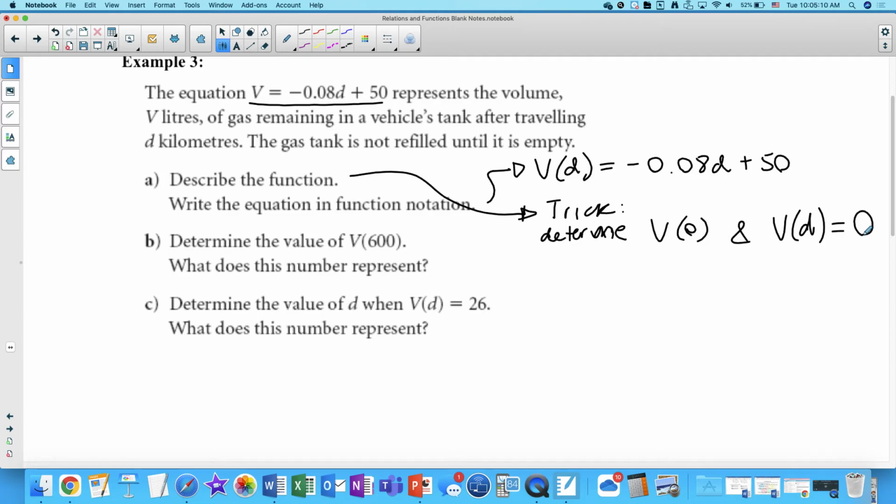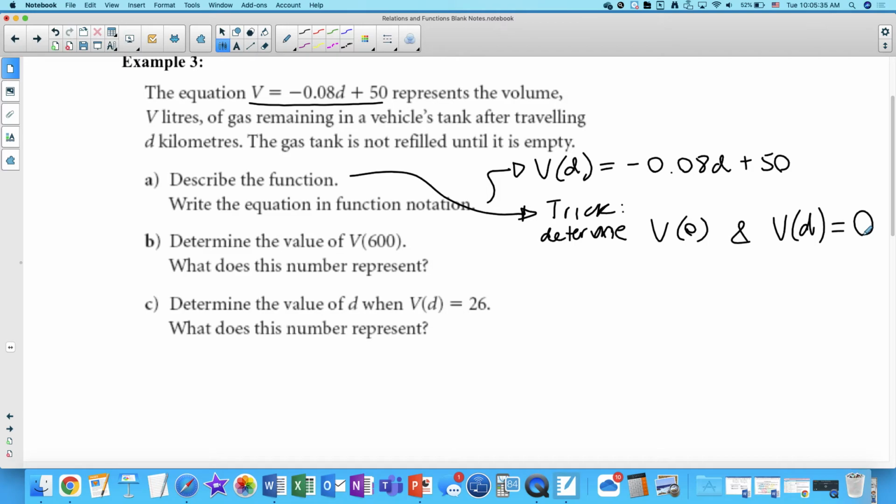Okay, so if you're not sure, and by the way, as we go through this unit, and particularly linear functions, you'll probably get a better sense of this, but you can use these extreme values to figure out what's going on. So for V of 0, that's going to be negative 0.08 times 0 plus 50.